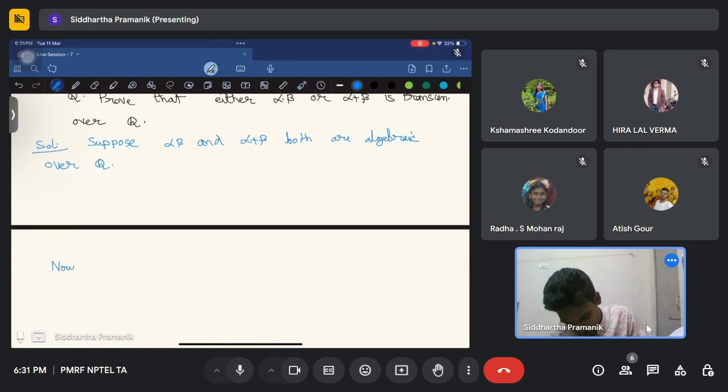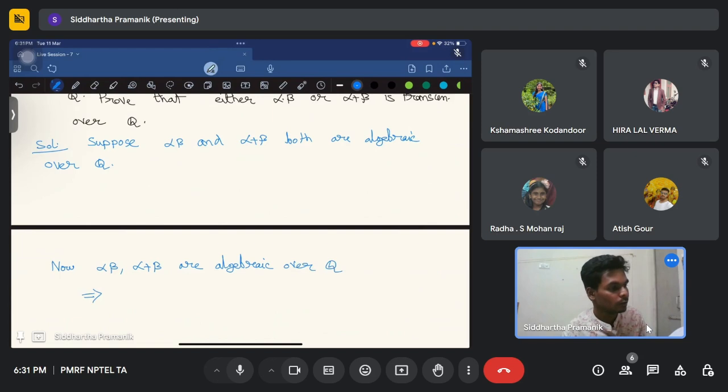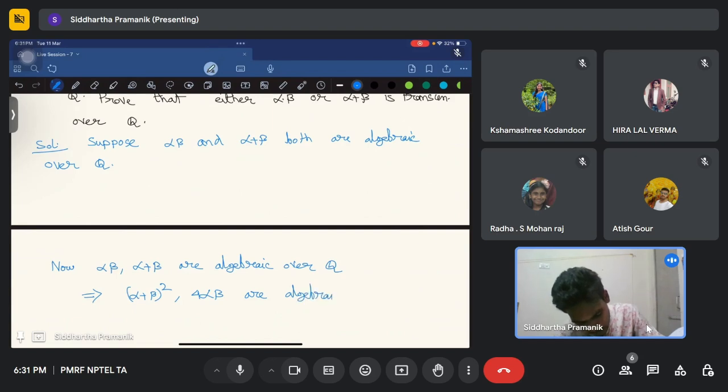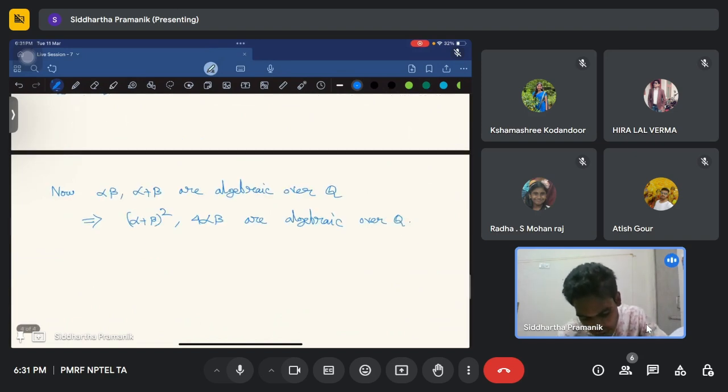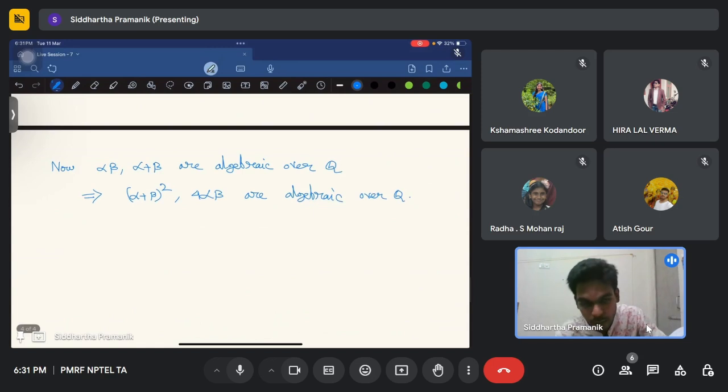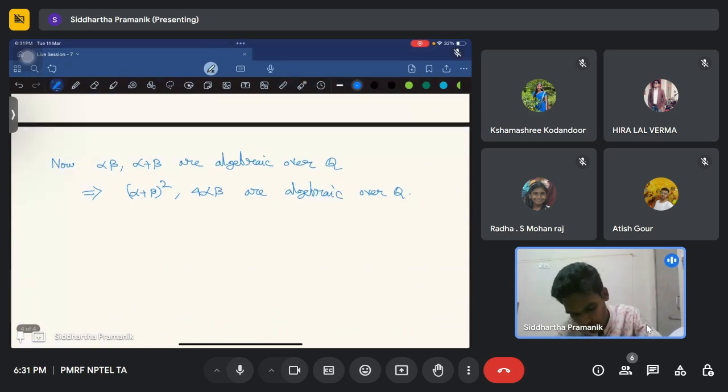Now alpha beta and alpha plus beta are algebraic over Q. That will imply that alpha plus beta square and 4 alpha beta are algebraic over Q, because the product of algebraic elements is algebraic and the sum of algebraic elements is algebraic, because they form a ring, they form a field.